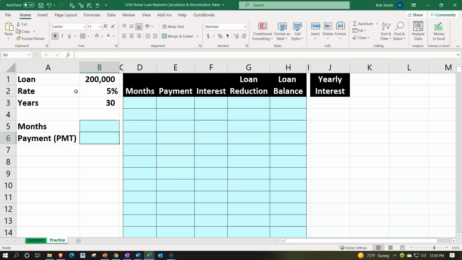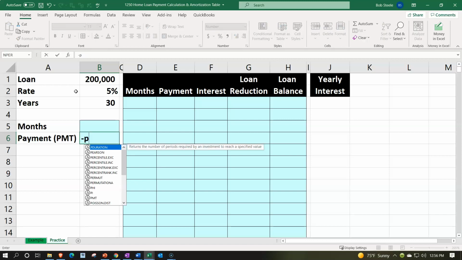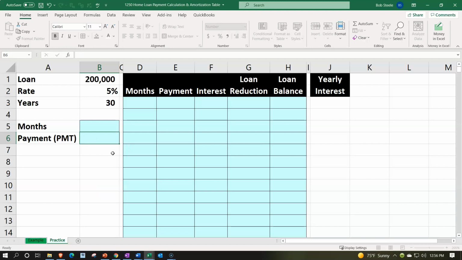So in other words, if I was to say negative present value, this calculation has a payment component in it, and that's what we're solving for this time, the payment. So first we need to think about the number of periods. Now, if it's a 30-year loan, there's 12 months each year. So that means we're going to have equals 30 times 12, or 360 periods that we're going to have to deal with.